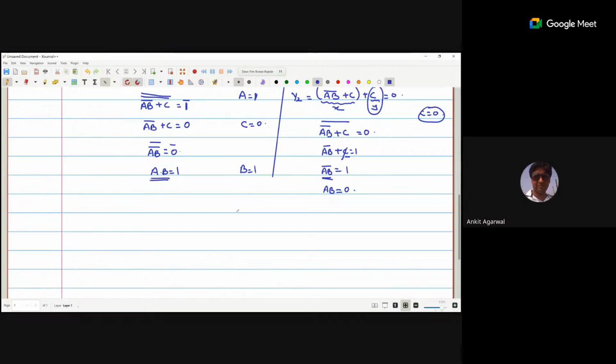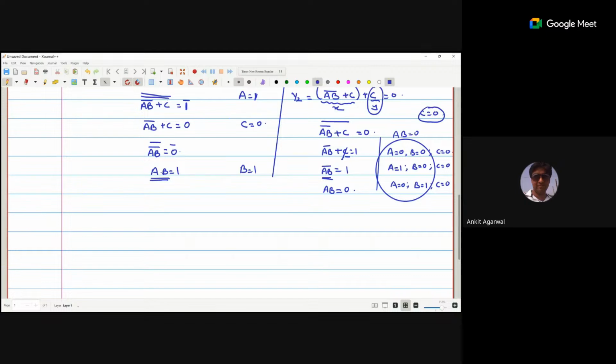Now what are the possibilities? Either A is 0, B is 0, and C also 0. That is one condition. Second condition, A is 1, B is equal to 0, and C is equal to 0. And third condition, A is 0, B is equal to 1, and C is equal to 0. Because in these three conditions, the product of AB is equal to 0.